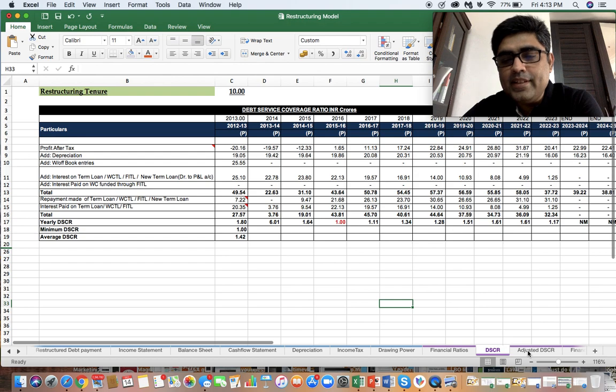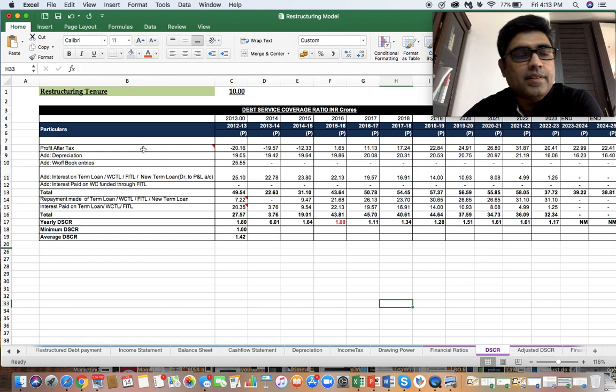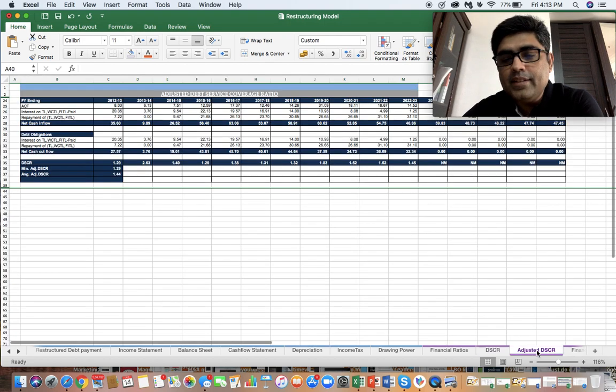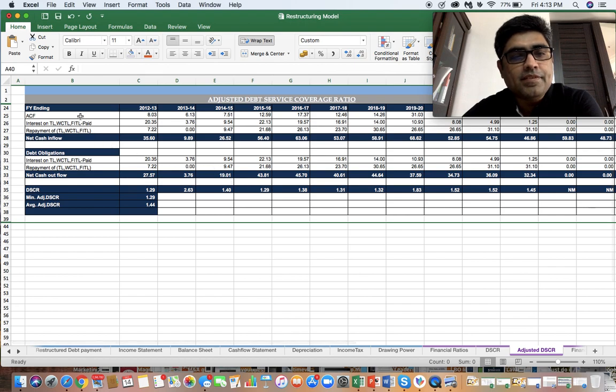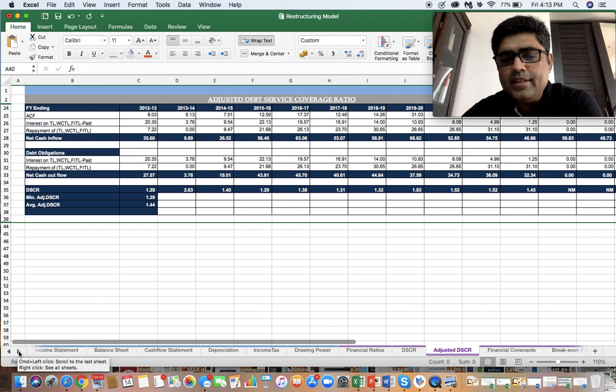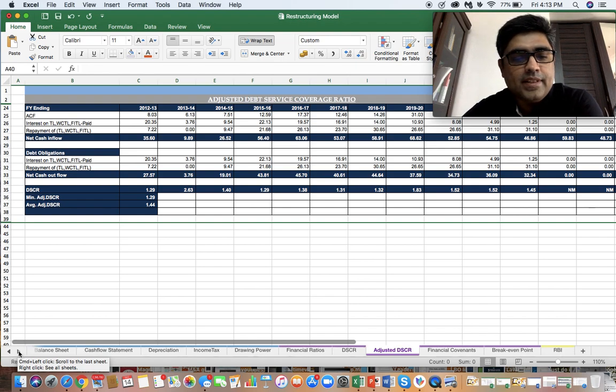So one is DSCR, which is calculated on the basis of PAT and depreciation, right? And the other is adjusted DSCR. This is another calculation which, as you see over here, is on the basis of available cash flow, right? So this is how it's different. I'll someday mention the difference between the calculation of DSCR and adjusted DSCR in some other video.